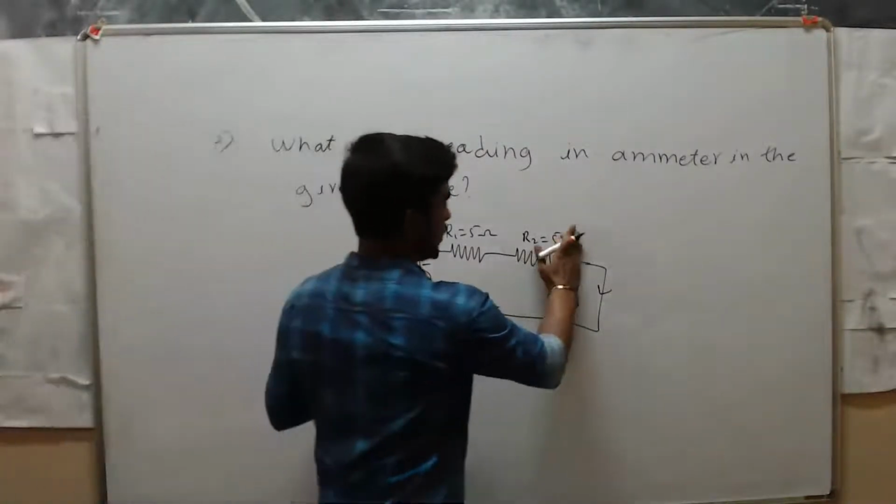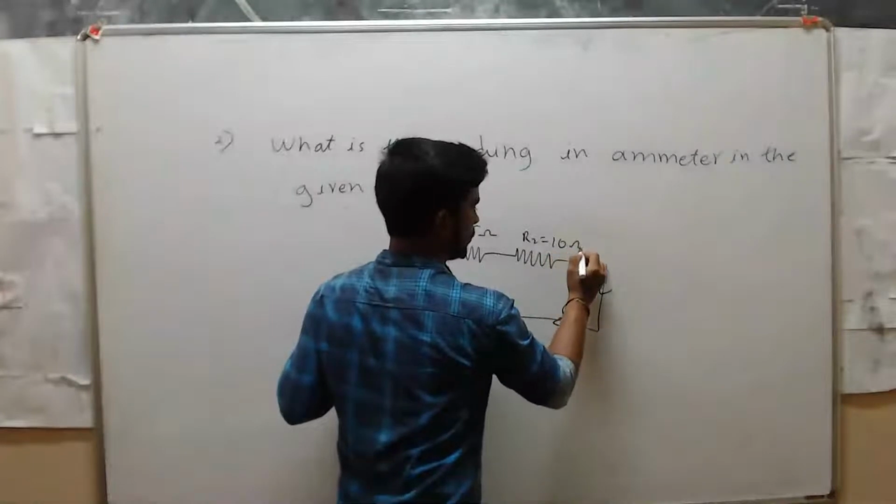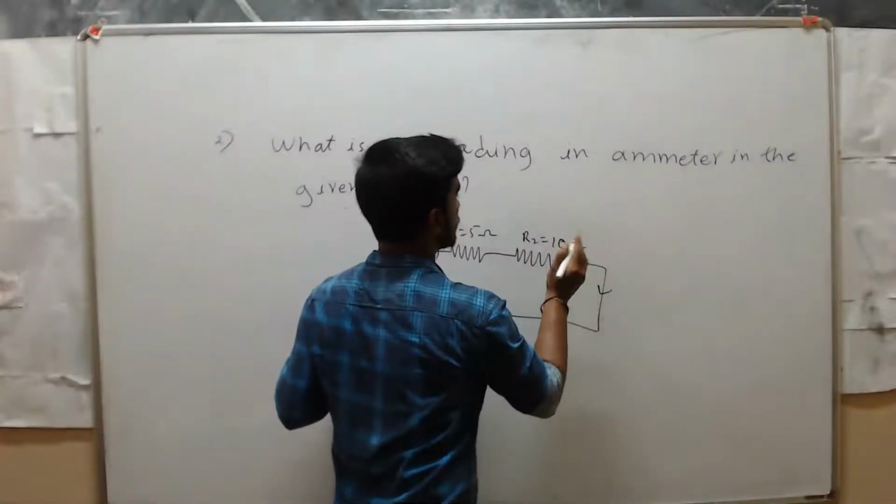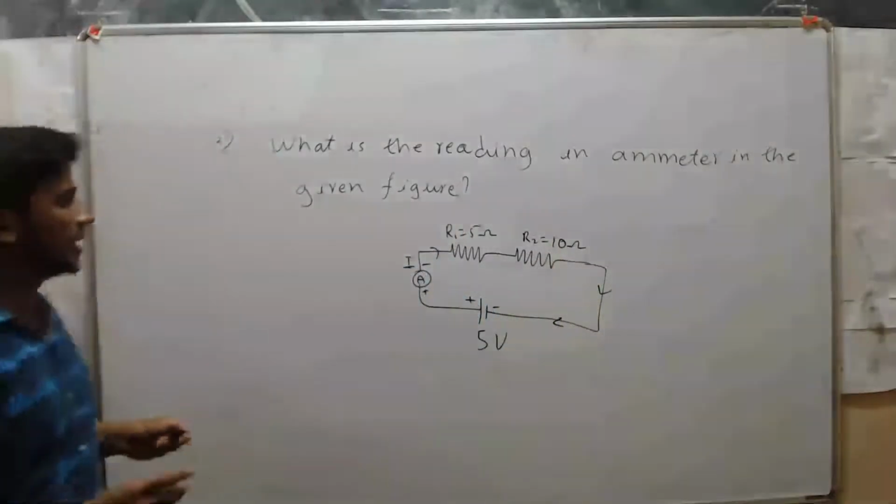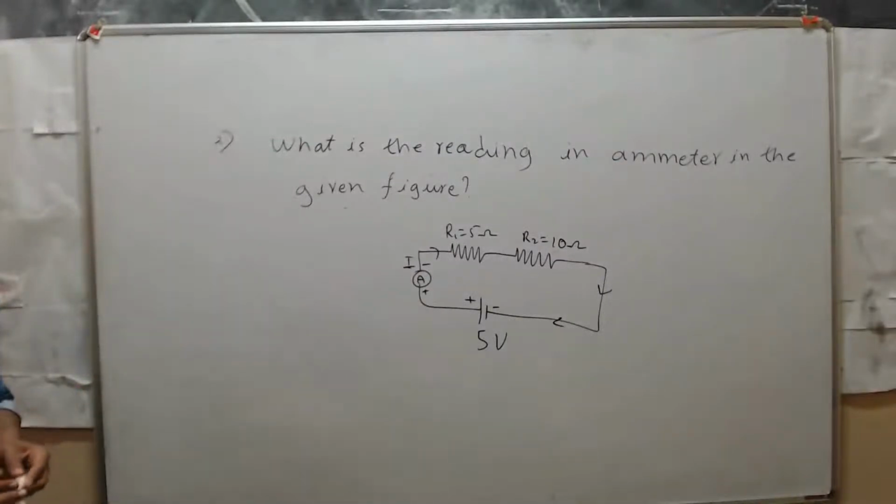R1 is 5 ohm and R2 is 10 ohm. Yes, what is the reading in the ammeter in the given figure? And also calculate voltage across R1 and voltage across R2.